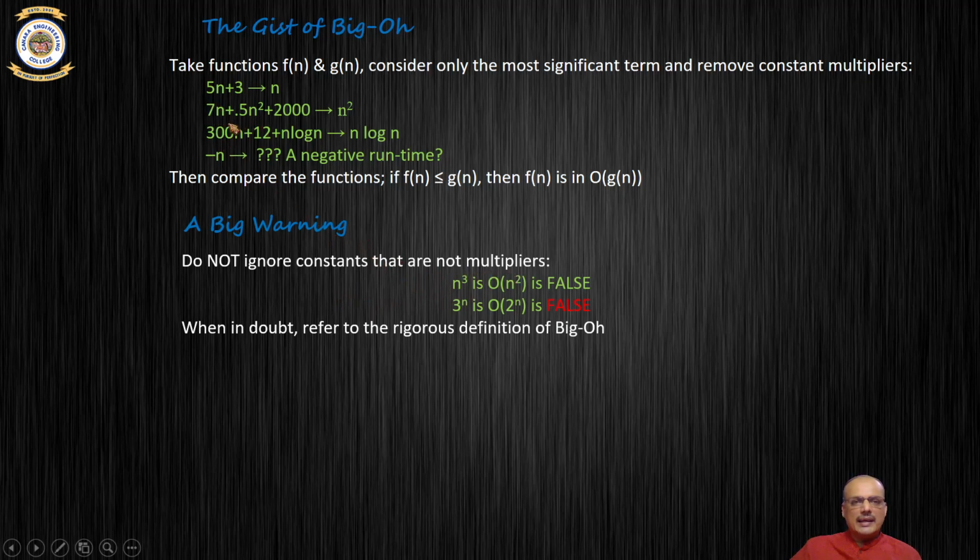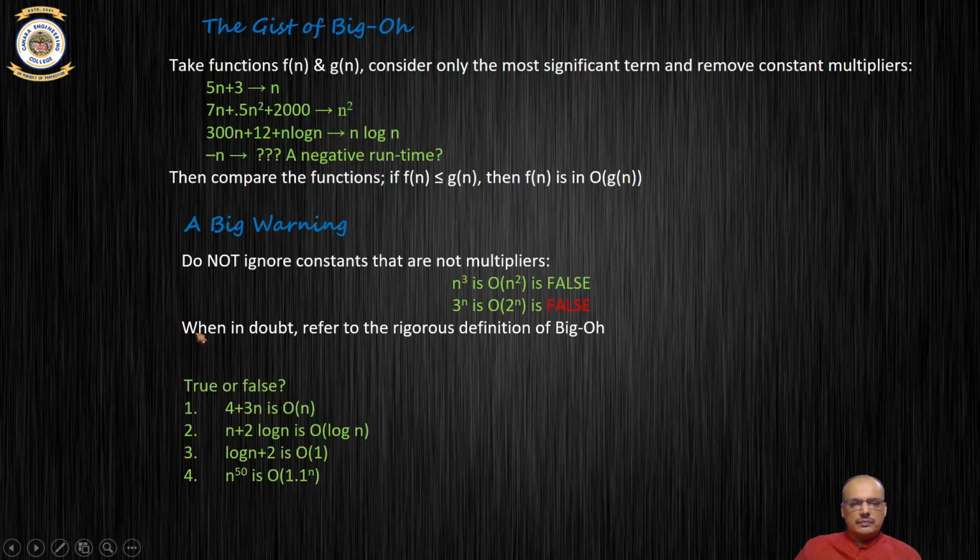Unlike here where there is addition, if there is a multiplier with n involved, please do not ignore it. For example, we cannot say that n cube is O of n square. You can think of this as n into n square, and saying O of n square is false. Similarly, we cannot say that 3 raised to n is in the big O of 2 raised to n. Because both of the terms involve n, this is also false.